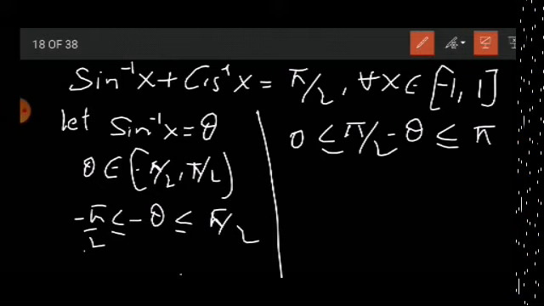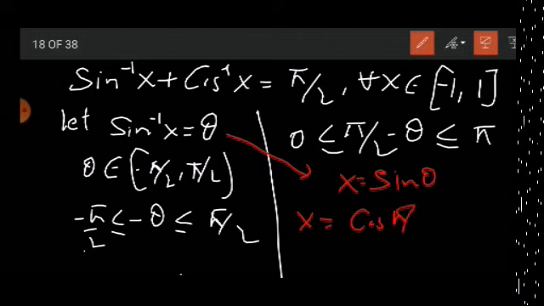As sin inverse x was theta, x becomes sin theta. We have already assumed sin inverse x was theta. So x equals sin theta, and some students can also say x equals cos of pi by 2 minus theta. Yes, because cos of 90 minus theta is sin theta.